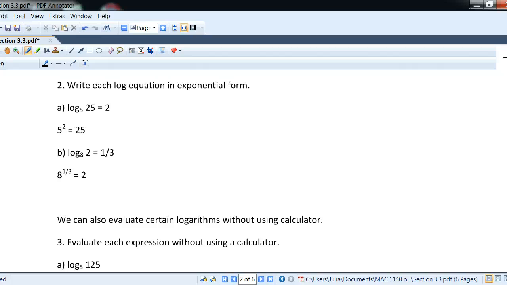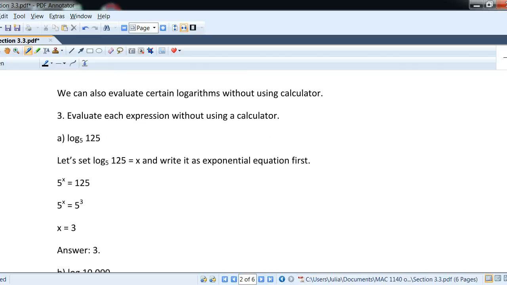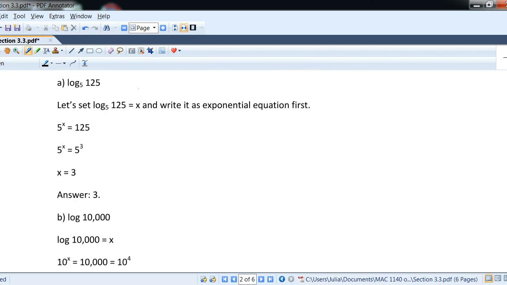Let's take a look at example 3. Let's try to compute some more logarithms. Let's say logarithm of base 5 of 125. Well, you can ask yourself, 5 to which power is equal to 125? The answer would be 3, or third power. So the answer is 3. Now, what about log of 10,000?